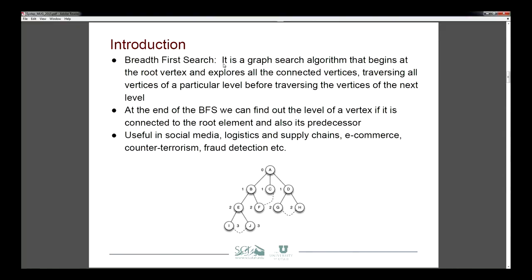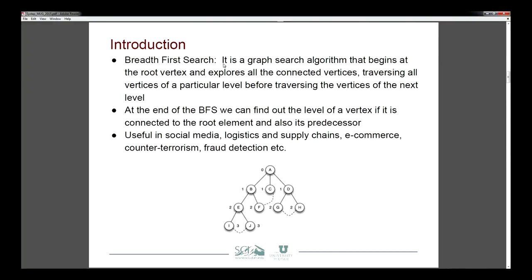So, breadth first search is a graph search algorithm to find how far away in steps a node in a graph is from a given starting point. The reason that we chose this, and it's also used as a benchmark, is because it has almost no computation involved. It's all data access.